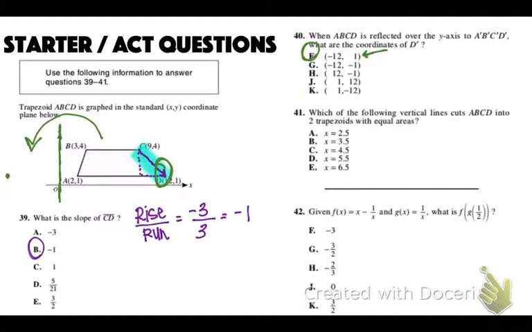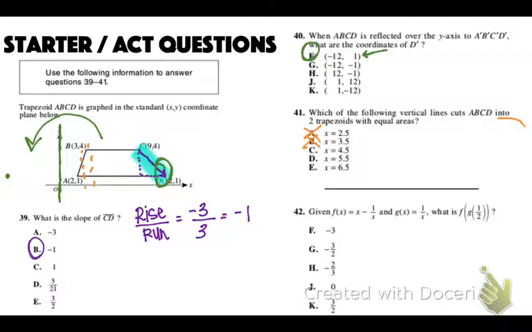Okay, this last one. We want to know which of the following vertical lines we can cut this into two trapezoids with equal area. I'm just going to test these first and see if there's any that we can eliminate. 2.5, well, that would be like right there. Obviously, that one's not going to work. 3.5, similar thing.